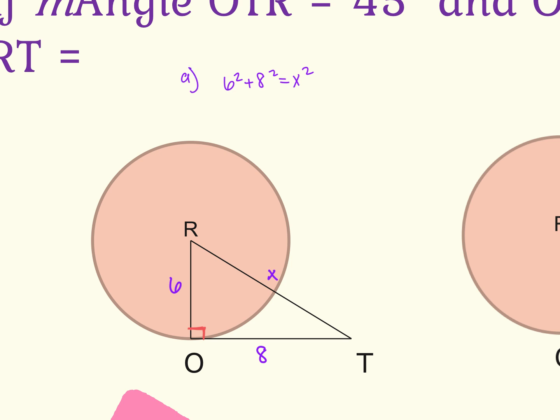I'm solving for x. This one's pretty easy. It's giving me smaller numbers. So I have 36 plus 64 equals x squared. Adding these two together, I get 100 equals x squared. Then square rooting 100, x is going to equal, what's the square root of 100, guys? 10 is my answer.